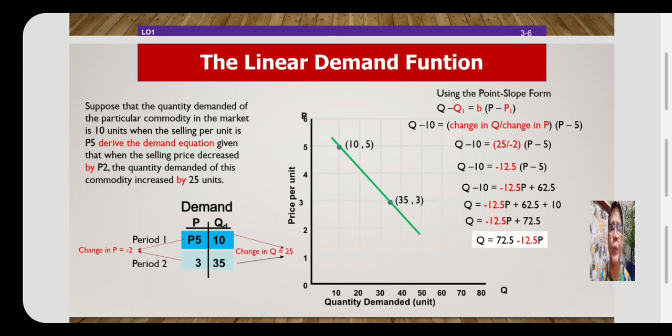In this particular problem statement, let us read. Suppose that the quantity demanded of the particular commodity in the market is 10 units when the selling price per unit is 5 pesos. Derive the demand equation given that when the selling price decreased by 2 pesos, the quantity demanded of this commodity increased by 25 units.